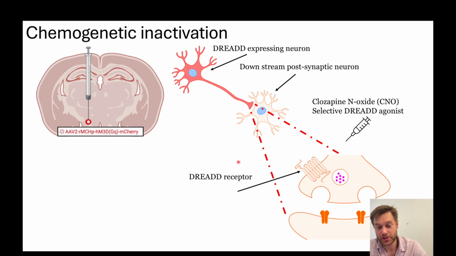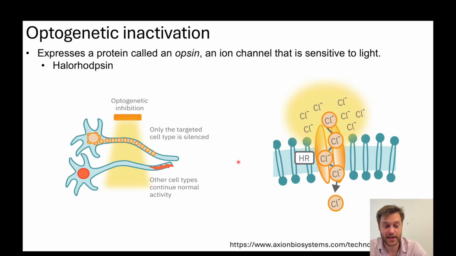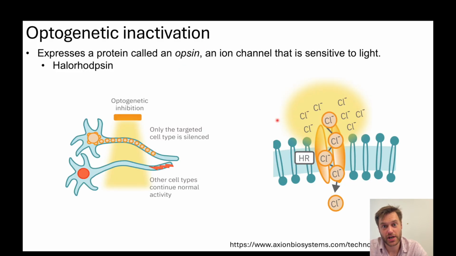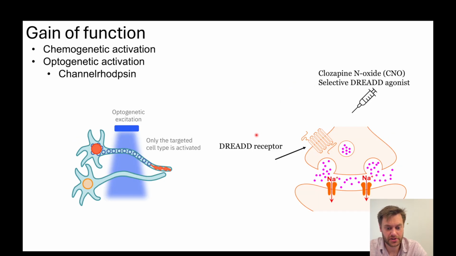The difference between DREADDs and optogenetics is that DREADDs use a G protein coupled receptor that's sensitive to a synthetic drug, whereas optogenetics uses an ion channel that's sensitive to light. Again, I know that this can be a little bit confusing, so if you have trouble, go ahead and email me and let's set up some office hours to talk about it.